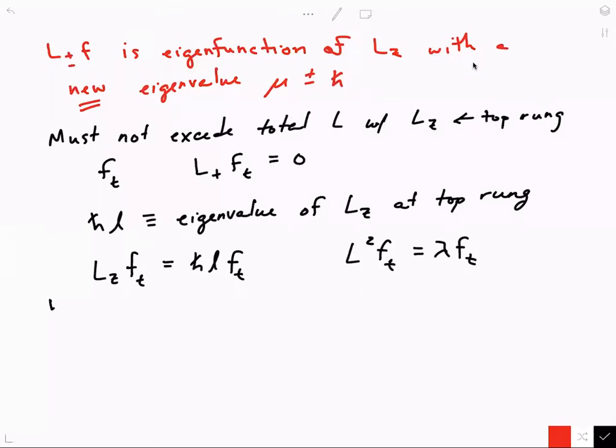Now, when we apply a raising and then a lowering, or a lowering then a raising operator, we're going to see this kind of operation happen. Let's just write out the equation and then talk.